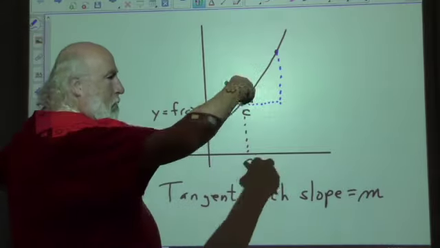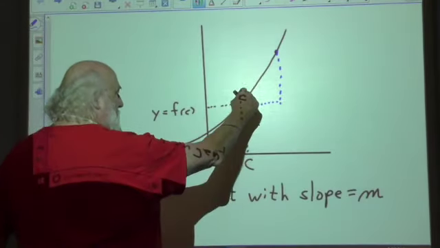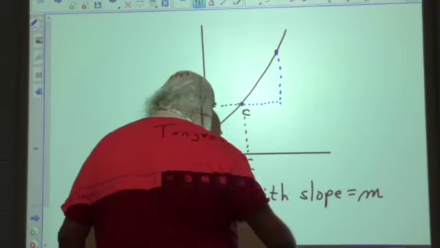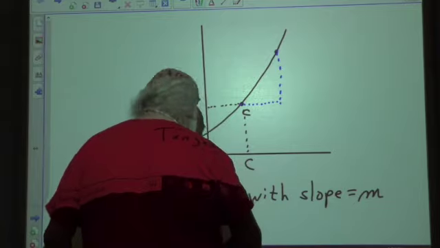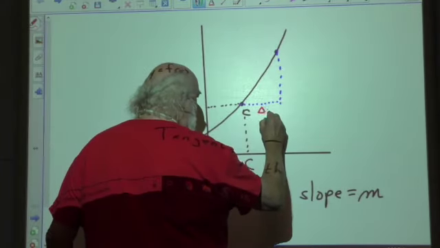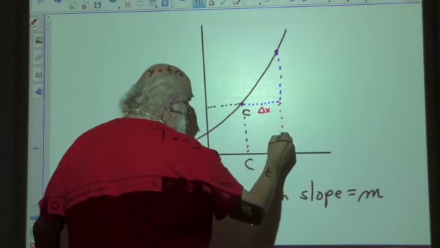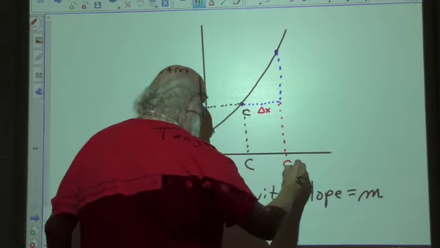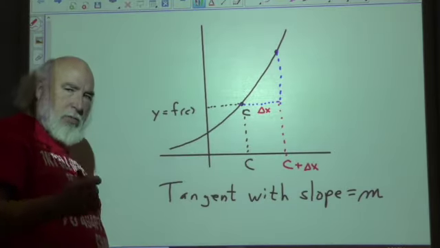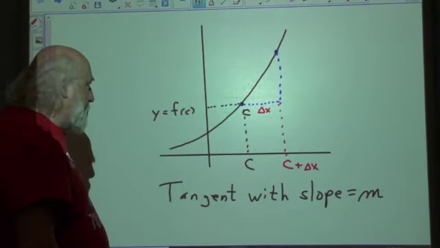We're making a big spacious difference so you can see what we're talking about, but imagine this as being two consecutive points. Now when we do that, we have now changed x by delta x. So this point right here then becomes c plus delta x. That minimal change we call delta x is to be added to the c.